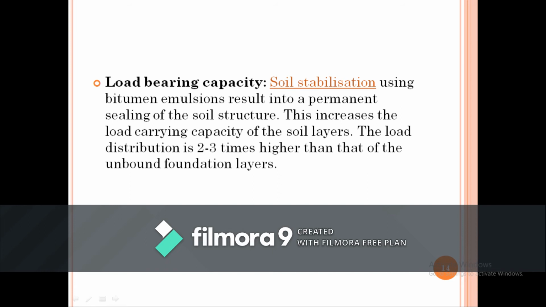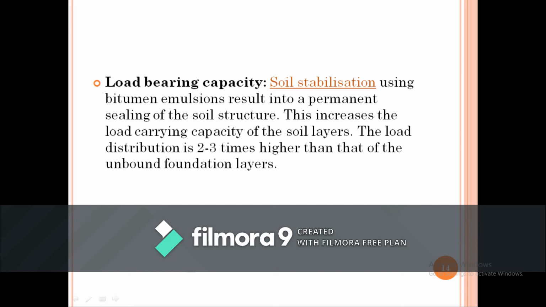When it is able to resist vehicular load and so many tons of loads that are coming onto it, it means that whenever you are using soil stabilization with this bitumen emulsion, it can take an enormous amount of loading.